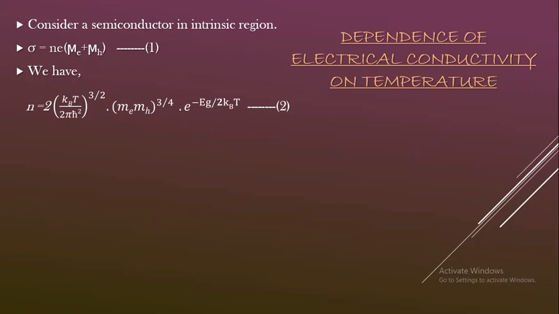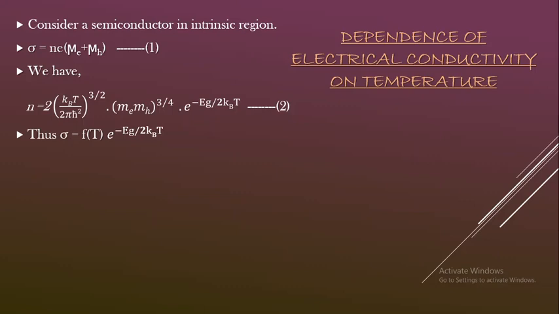Now if we substitute equation number 2 into equation number 1, we can easily find the relation between conductivity and temperature. In place of N in equation number 1, we substitute the value of N from equation number 2.